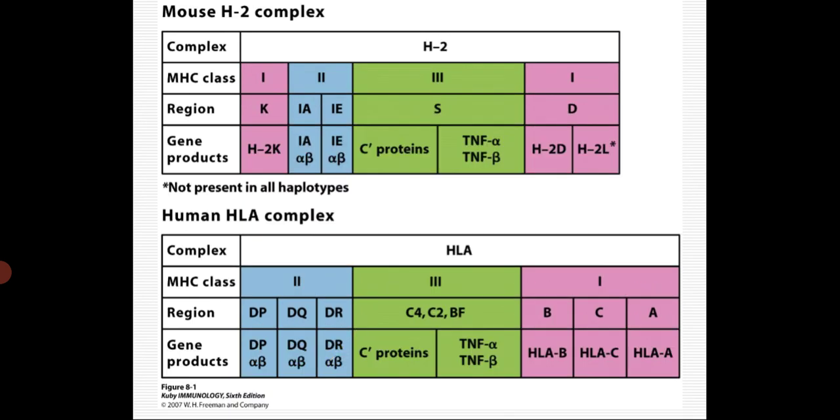The class third molecule in human has regions C4, C2 and BF. Their products are tumor necrosis factor alpha and tumor necrosis factor beta with C proteins. Whereas in mouse, it is called the H2 complex. It has three types.